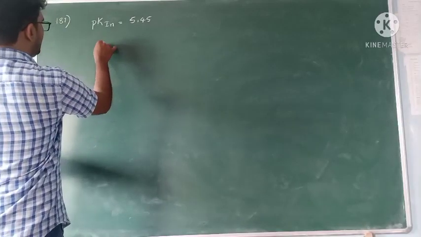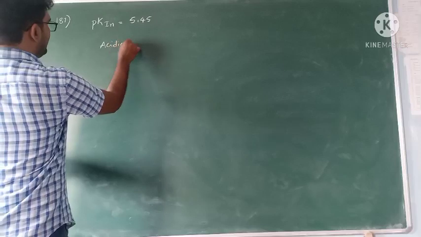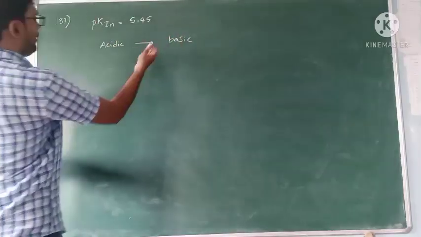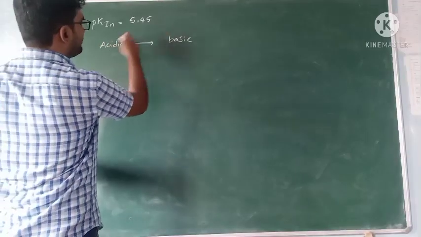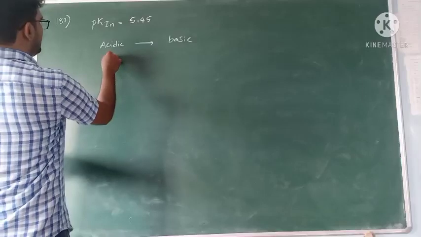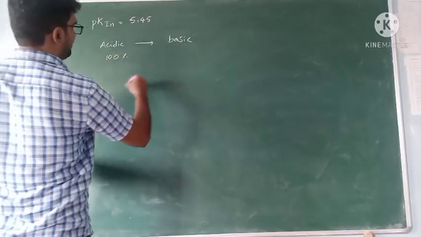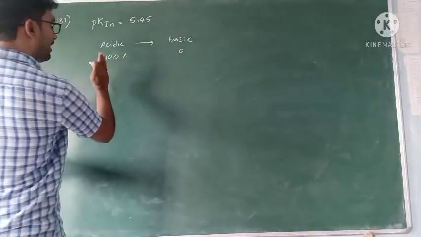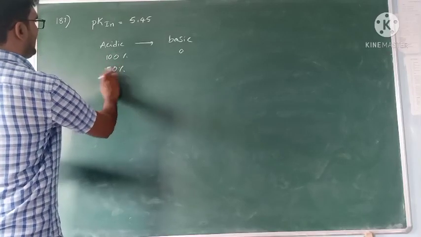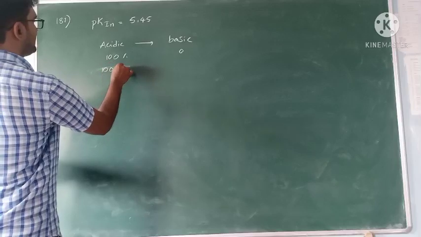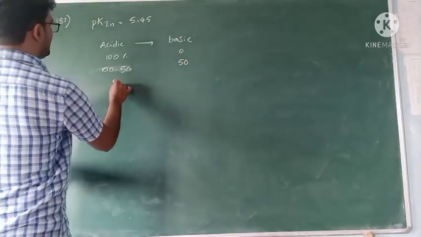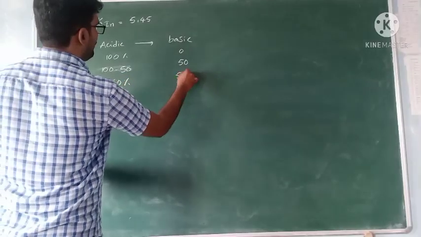Halfway means only 50% dissociation takes place. The given indicator is an acidic indicator, which is converted to its basic form by reacting with base and gives a new product. Initially 100% is present and the product is 0. But half means 50% is reacted. So 100 minus 50 is 50, and the product is also 50%.